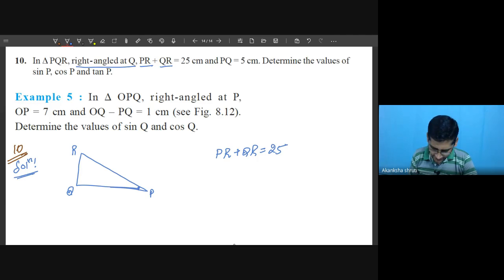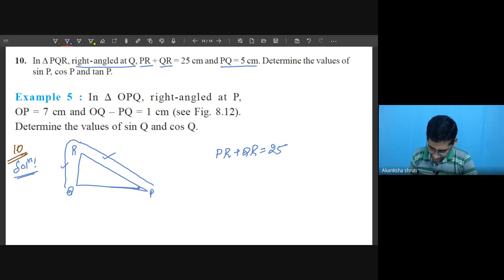But is this hypotenuse given? No, students, it is not only the hypotenuse that is given. PR plus QR, this one plus this one, is given.